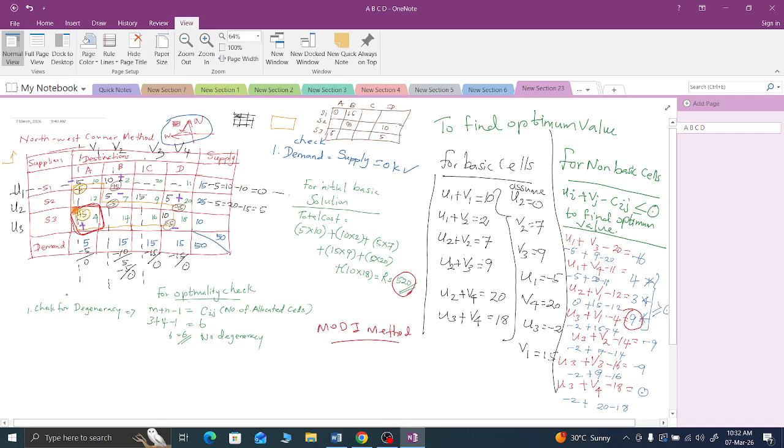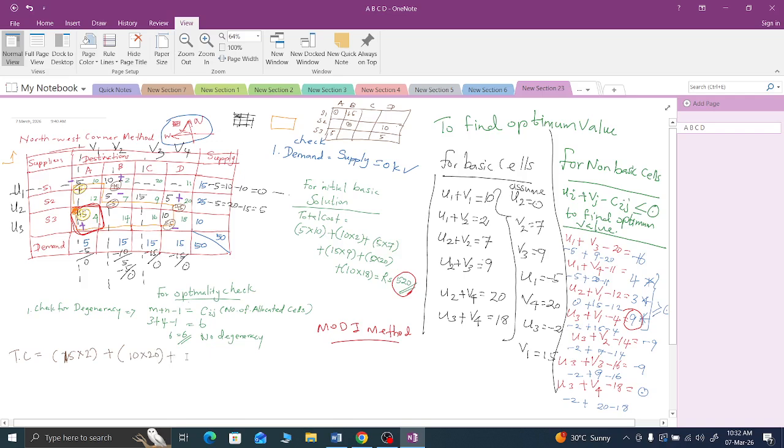So the new total cost is equal to 15 multiplied by 2 plus another one, S2D. S2D is 20 rupees, so 10 multiplied by 20 rupees.